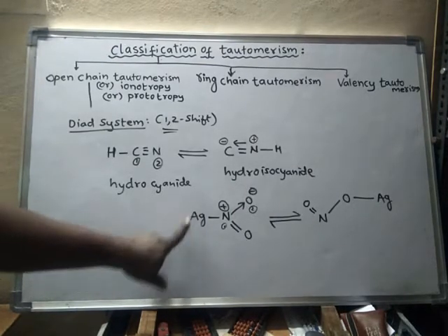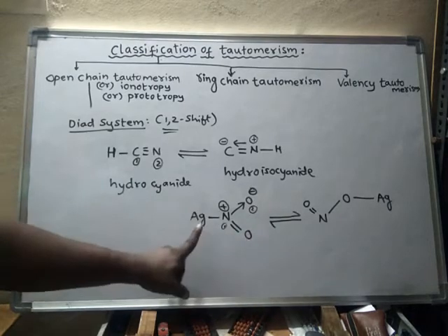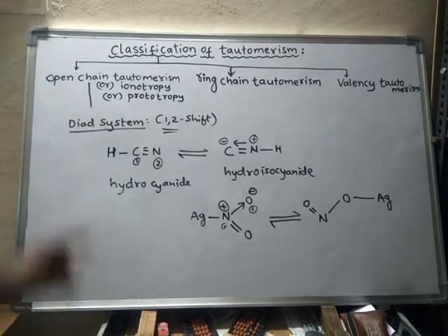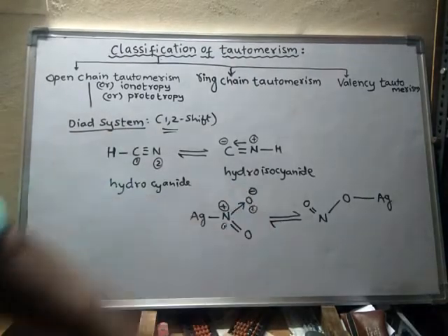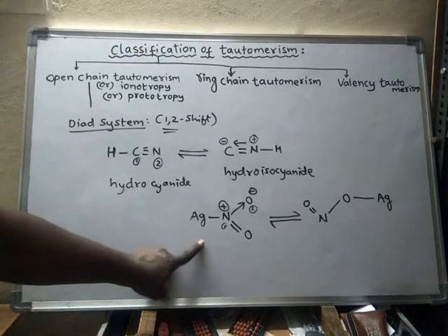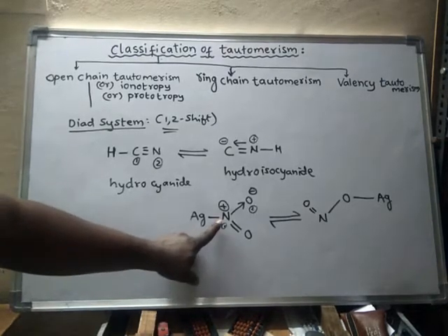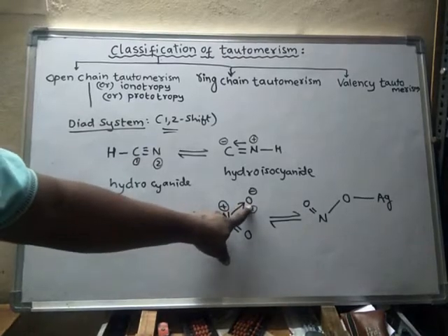Here silver is shifted from the first atom to the second atom. In general, in the dyad system or any tautomeric system, hydrogen will shift, but this is a peculiar example where the silver atom will shift from nitrogen to the more electronegative atom, oxygen.